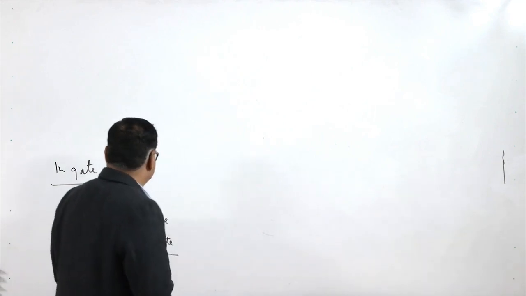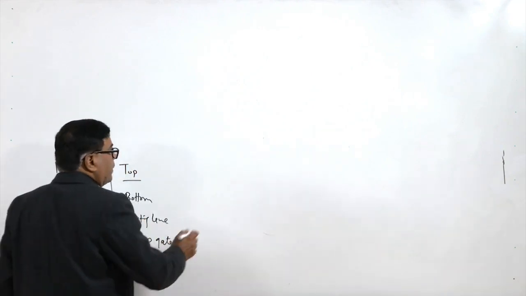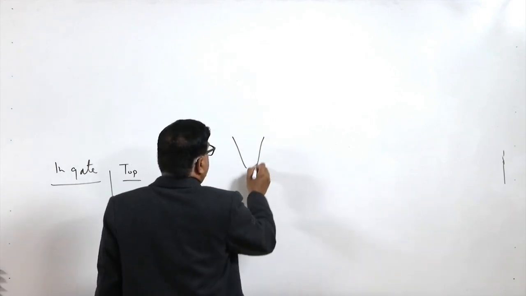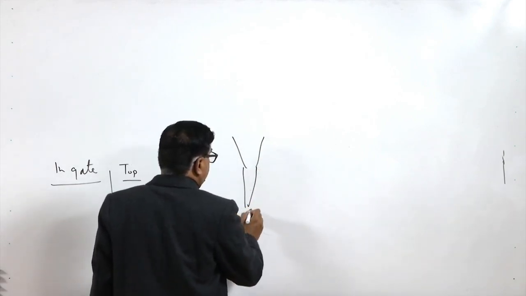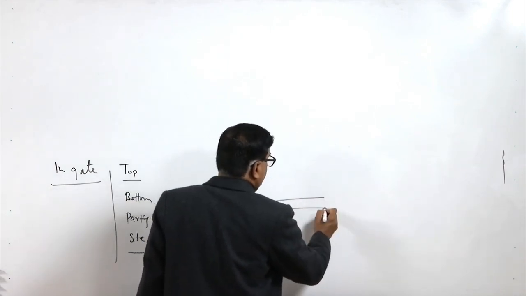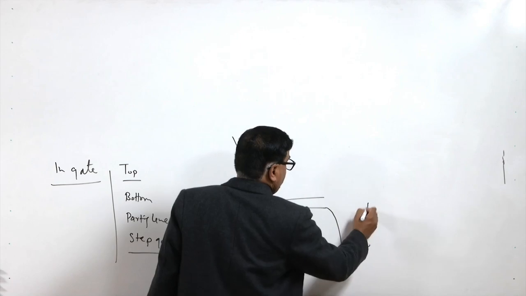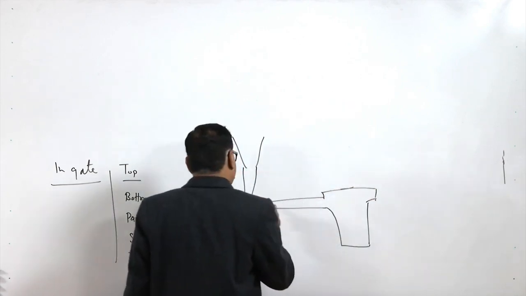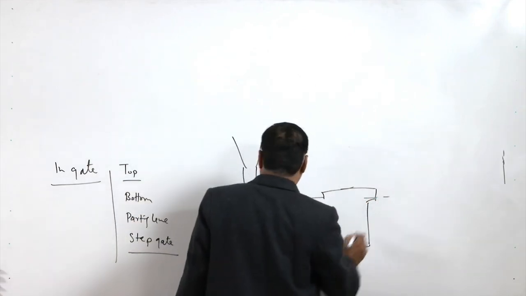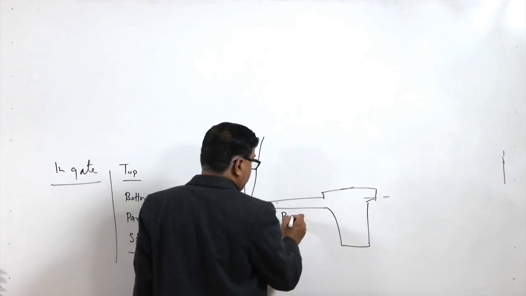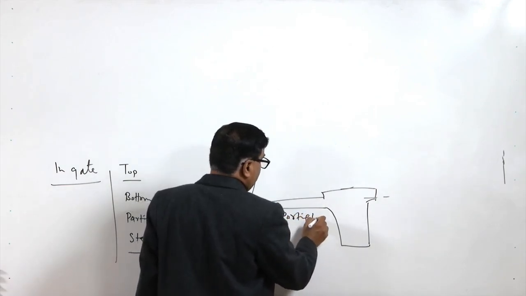The parting line gating system is the same as what I have said: we have the sprue, then the sprue base, then this is the runner, and then the in gate, and the mold, like this. This is what we have already talked about. This is the typical case where the gate is made at the parting line.